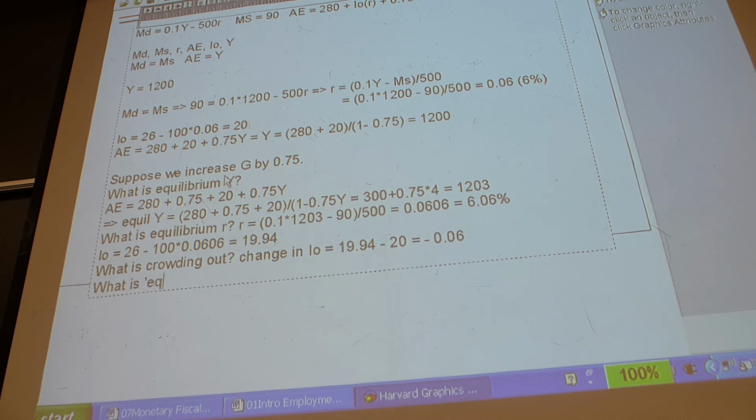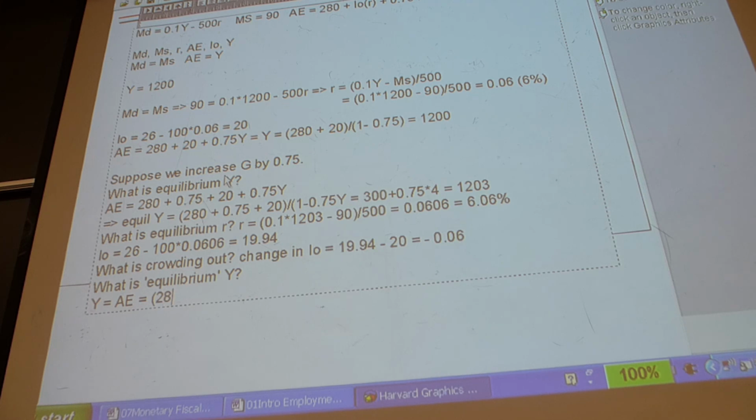What is equilibrium Y now? Now this turns out not to be equilibrium Y, it's just another iteration. Watch me. Again, Y equals AE equals, what do we got?